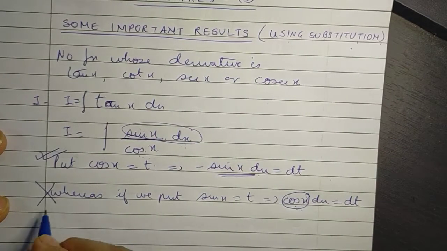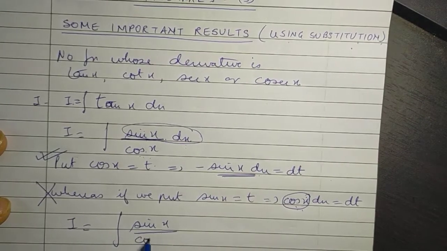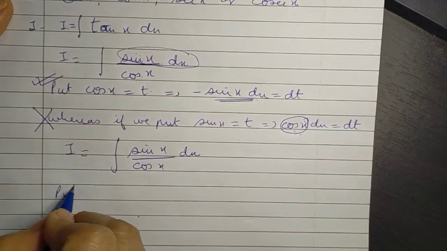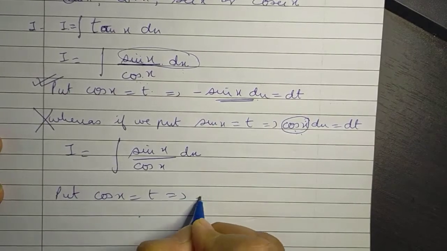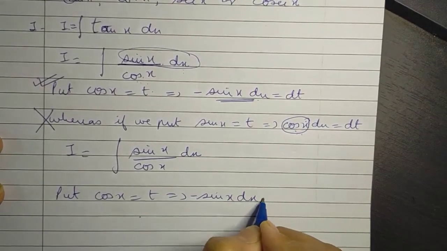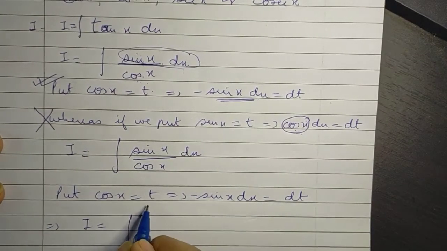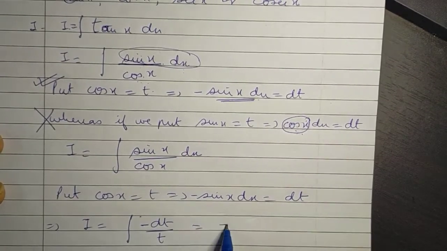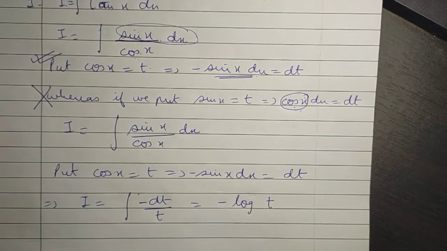So let's start again. We are given I is equal to the integral of sin x over cos x dx. Put the denominator cos x as t, we get minus sin x dx is dt, so that I becomes equal to minus dt over t, which is equal to minus log t, and so plus a constant.